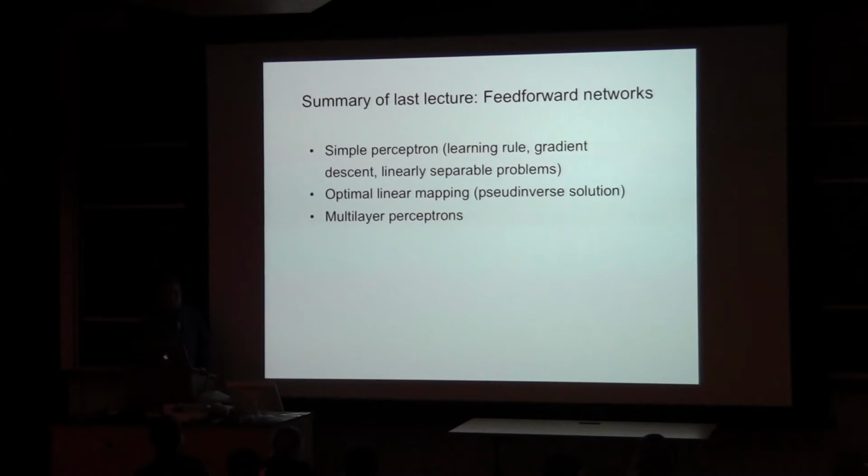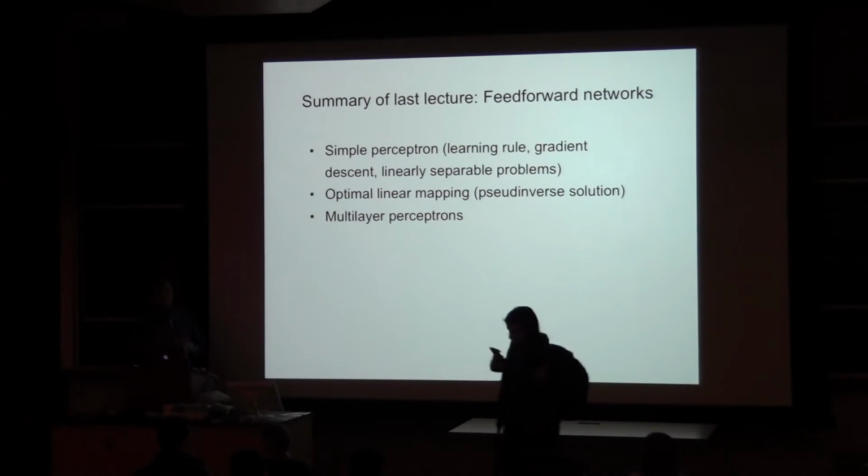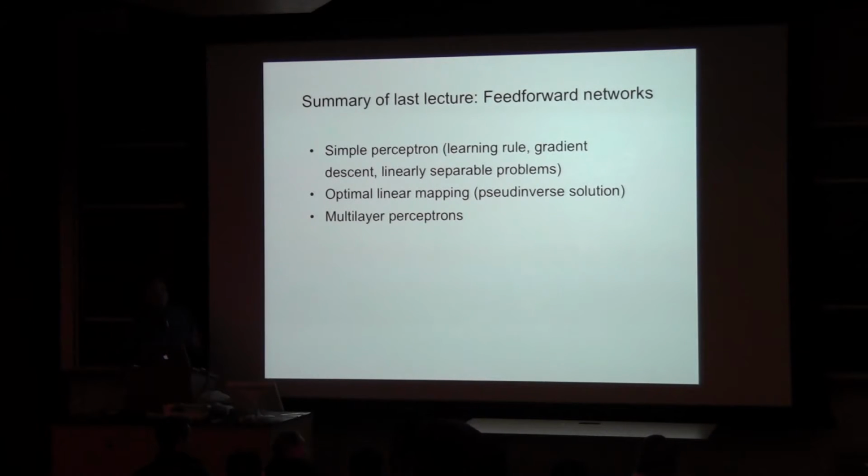And there's a limitation of such a network. It cannot separate things. If you cannot separate different categories of input by a line in 2 dimensions or a hyperplane in high dimensions, then the system will not work, no matter how you change the learning rule. One thing we talked about in a little more detail is called optimal linear mapping.